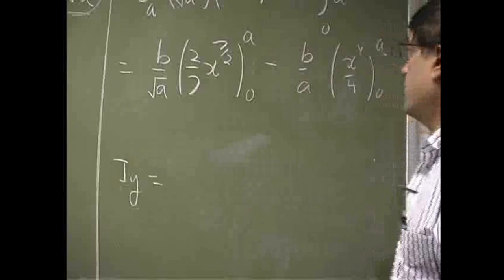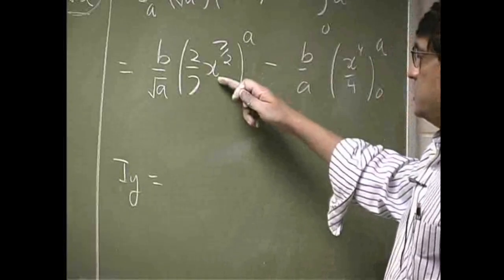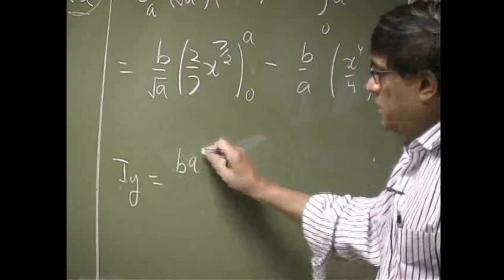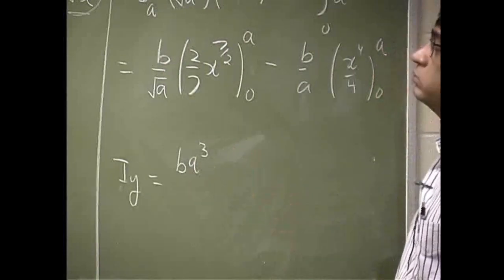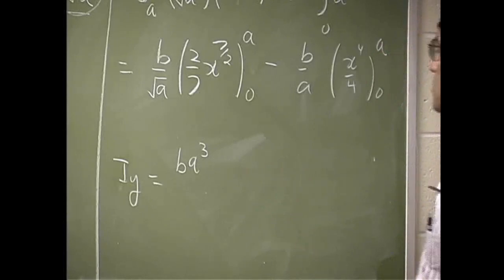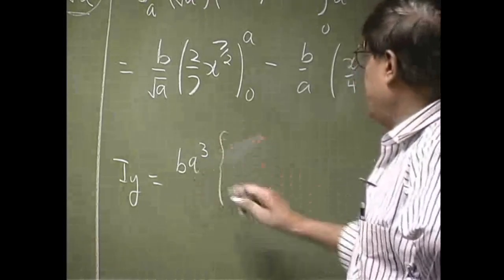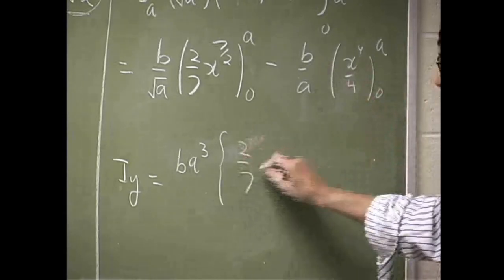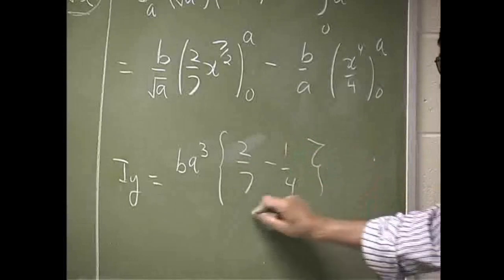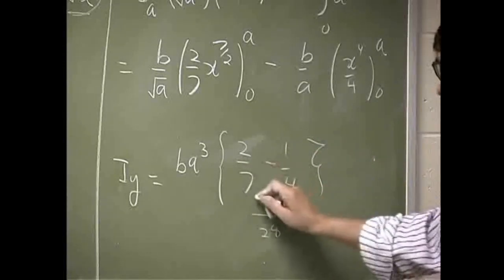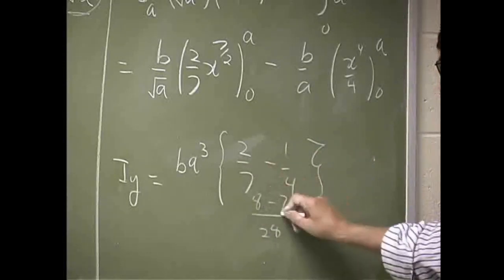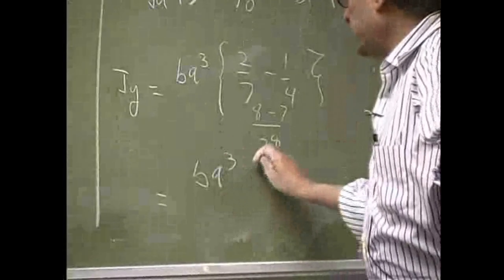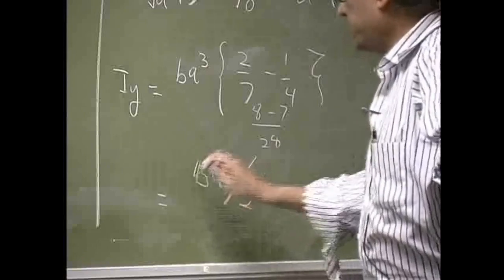That's 7/2, and there's a half here, so that should give you p a cubed, and then same thing here, you got a to the 4th over a, that's p a cubed, times 2/7 minus 1/4, that's 1/28. So it comes out to be p a cubed over 28.